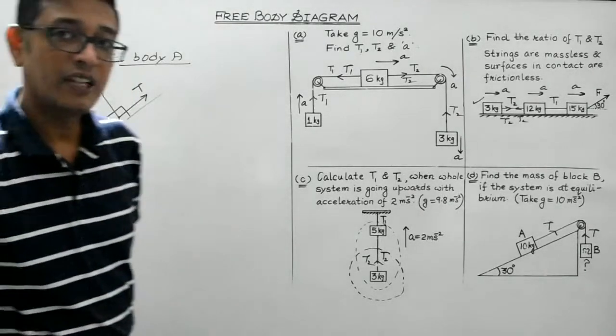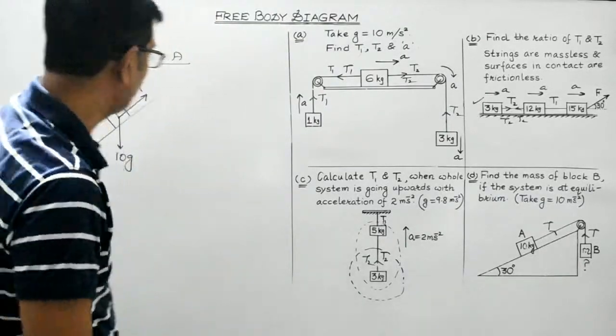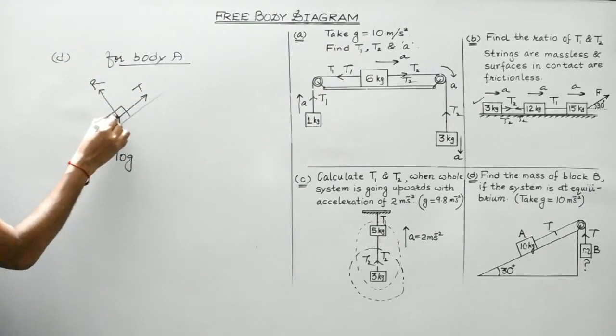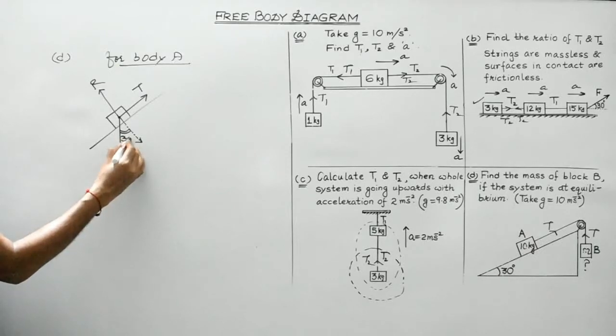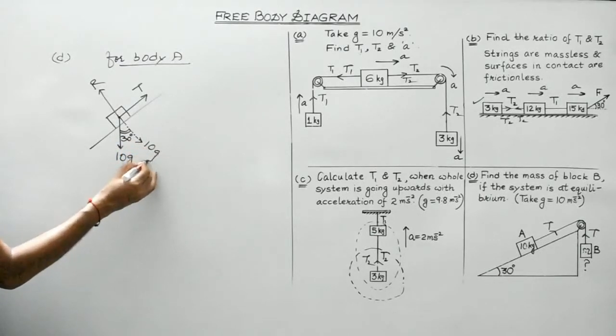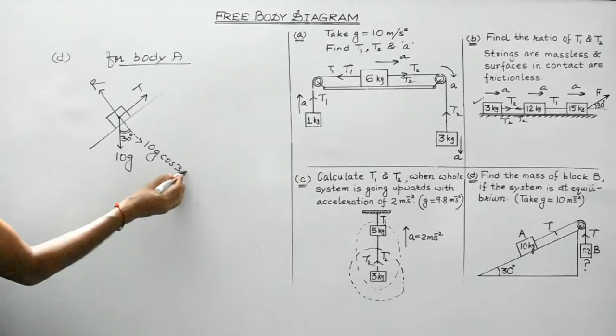So here the weight can be resolved into two perpendicular components. One is in a direction opposite to the reaction. And this angle we have discussed, students, it will be equal to 30 degree. So it will be 10g cos 30 degree.